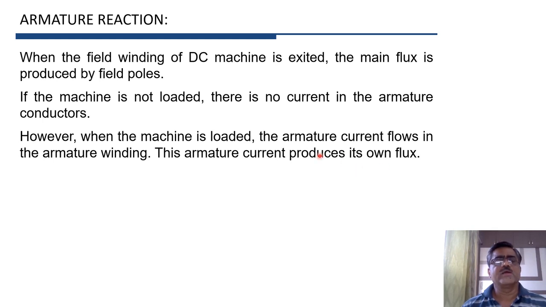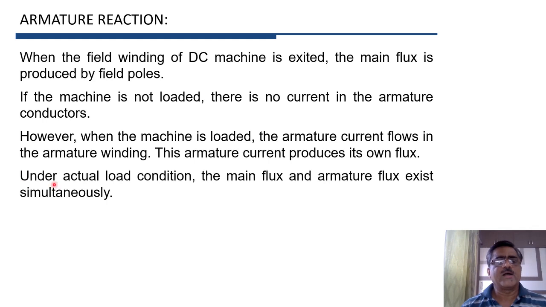And that's why in the machine there are two fluxes: the main flux, which is produced by field poles, and the armature flux produced by the armature current, which is flowing in the armature winding.